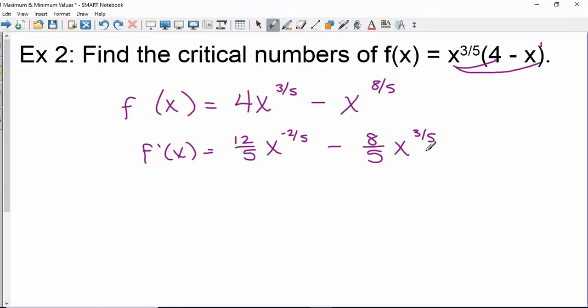What do I need to find? When the derivative equals 0. Okay, this looks a bit ugly. Let's kind of rewrite it. What does a negative exponent do? I'm going to add that other term over. So what could we do?